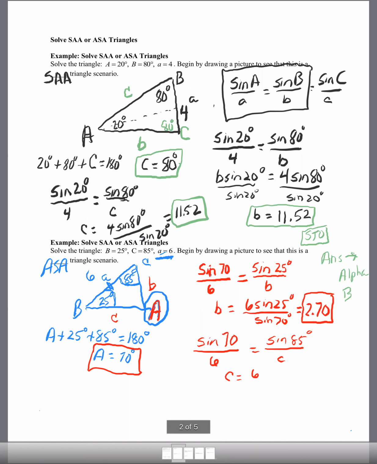C is equal to 6 times sine 85 degrees divided by the sine of 70 degrees. And if you'll do the arithmetic now for me, and let's see what happens here. We get an answer of 6.36.